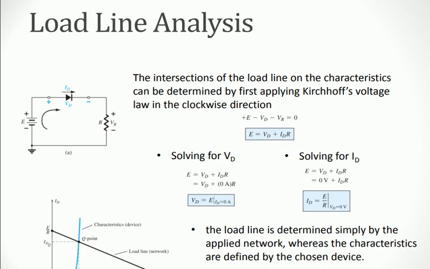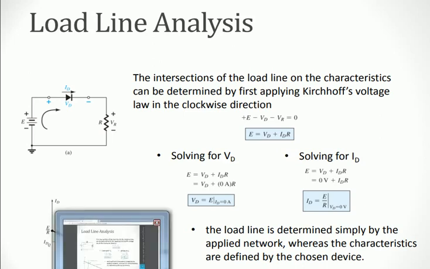The positive terminal of the diode is connected with the positive terminal of the battery, while the negative terminal of the diode is connected with the negative terminal of the battery. So this circuit is in the forward biasing condition, and current will flow in this circuit. That's why ID is flowing in this diode, and there is a voltage drop across the resistor, that is VR. The threshold voltage for this diode is VD.